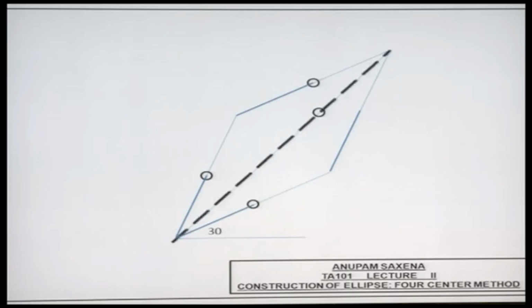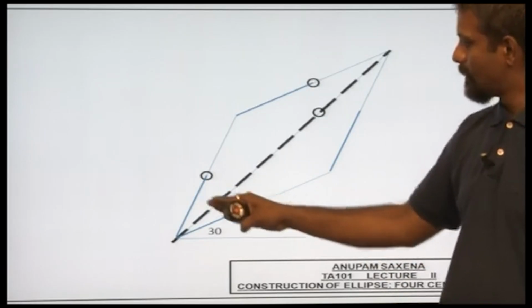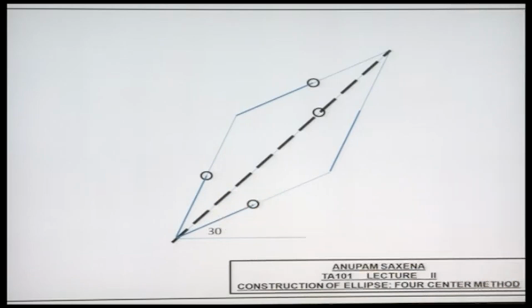Now if this angle is anything other than 60 degrees, then what happens? If you follow the same construction procedure, identify the longest diagonal. From here join the midpoint of the opposite edge. From here join the midpoint of the opposite edge.